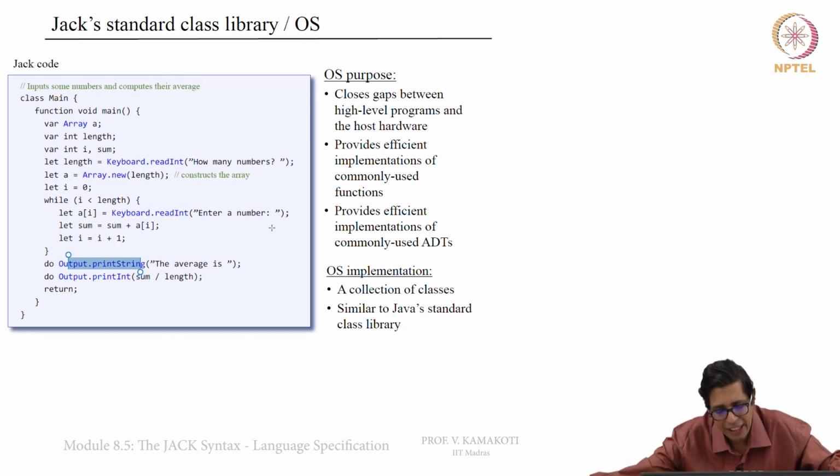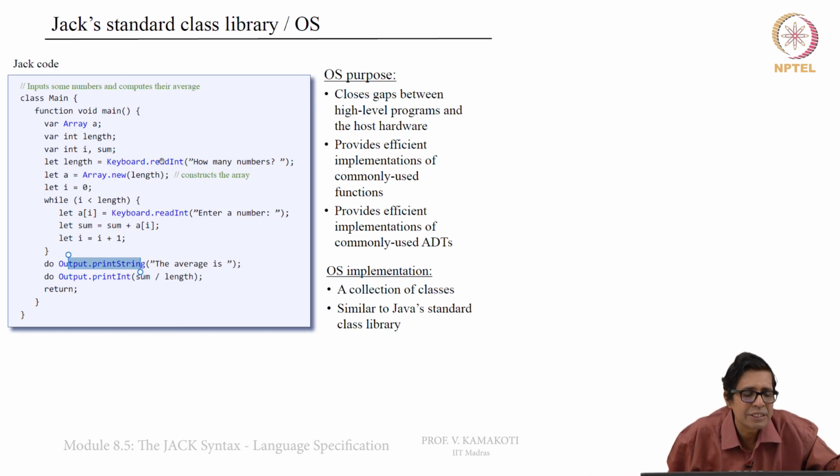It will be a collection of classes, similar to the Java standard class library. Keyboard is a class which has readInt, readString, etc. Array is a class which has new, dispose, etc. Output is a class which has printString, printInt, println, etc. So the OS itself will be a collection of classes. We will see in project 12 some very good implementation of OS routines.